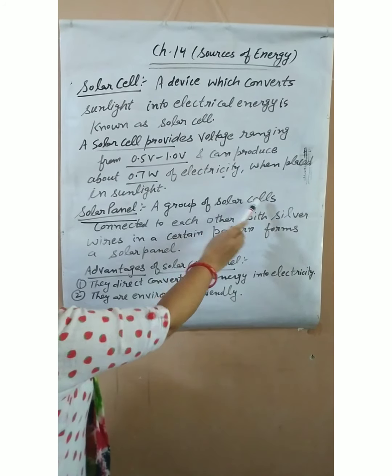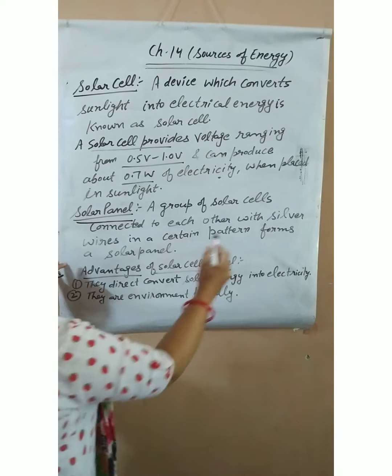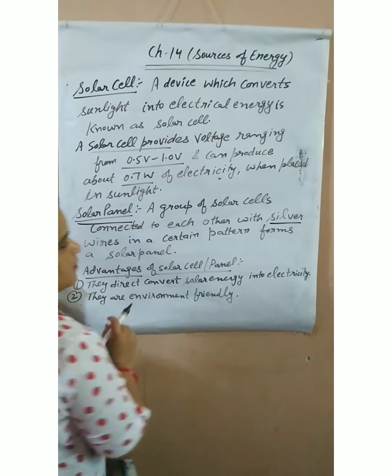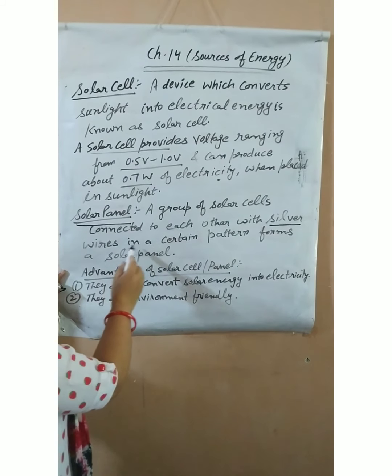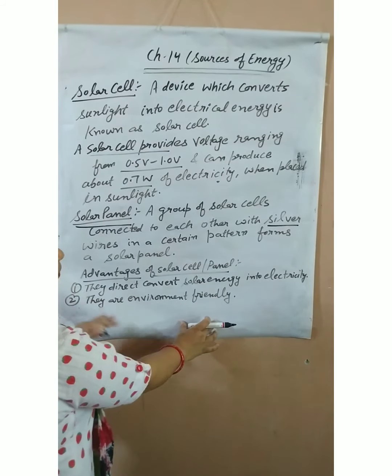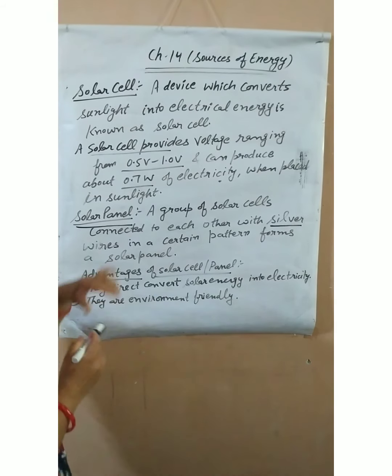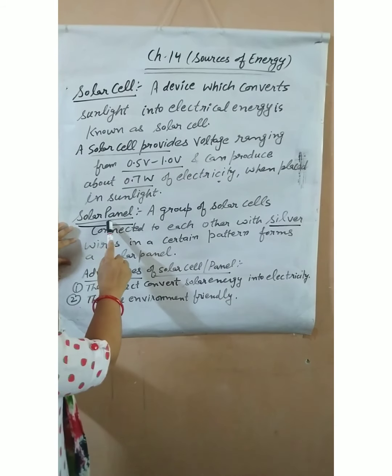A group of solar cells connected to each other with silver wire, because silver has the least resistivity, so it offers very little resistance and less wastage of current, in a certain pattern forms a solar panel. Means a single solar cell doesn't give so much output, so to increase the output and the potential, solar panels are constructed.